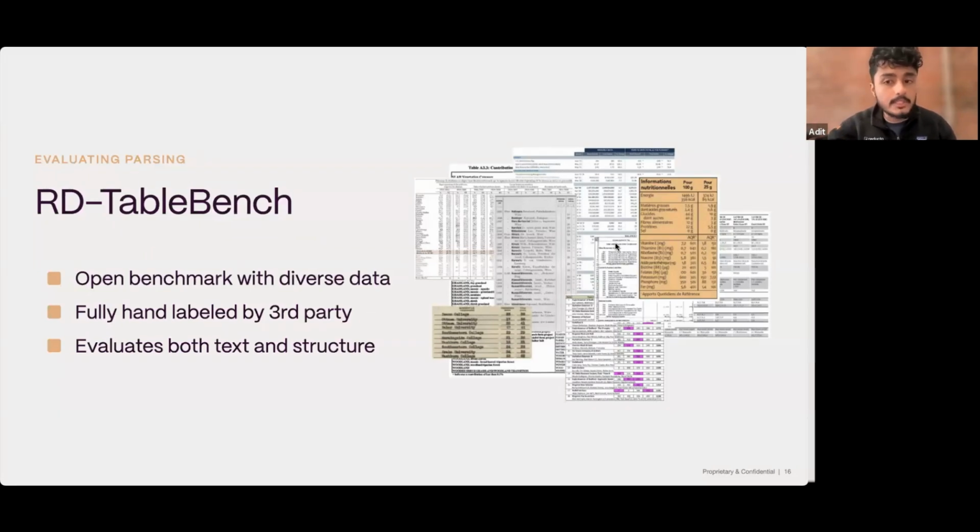We have scores available for the initial 1,000 data points, but the more important thing is that you can use this framework with any tables that you're dealing with. You would just have to label those data points yourself. And that helps you evaluate both text and structure. We're about to do a similar thing with helping people evaluate things like forms parsing and so on.